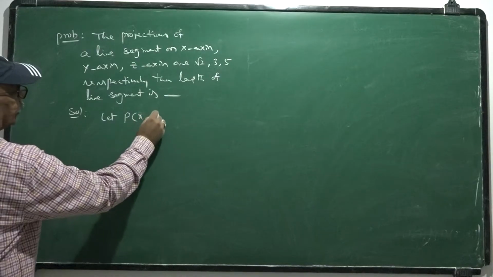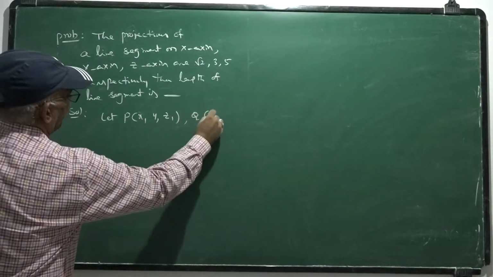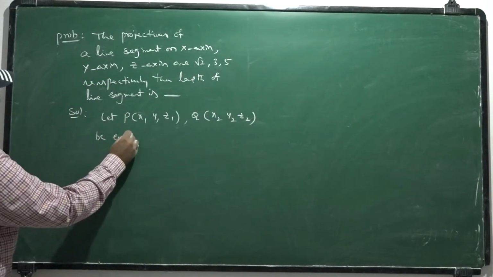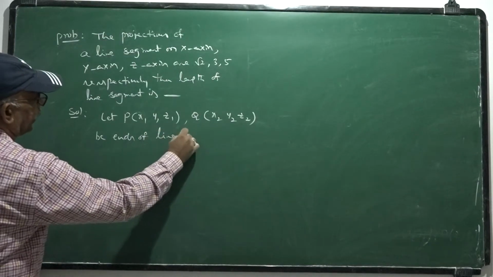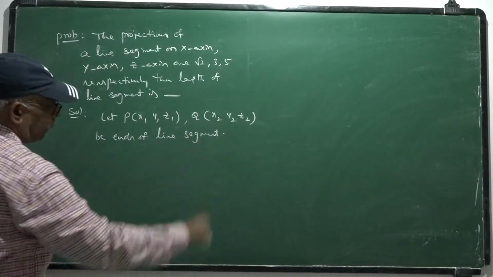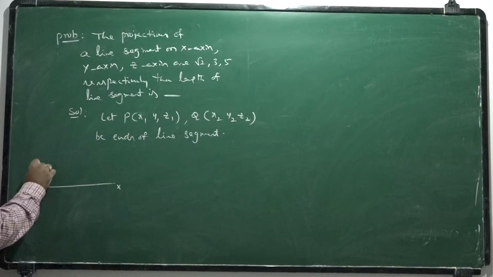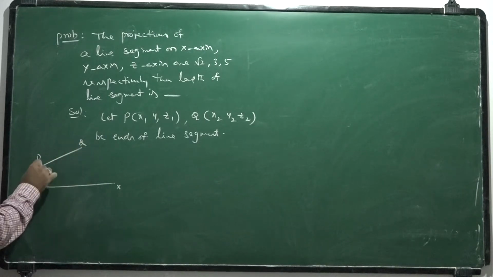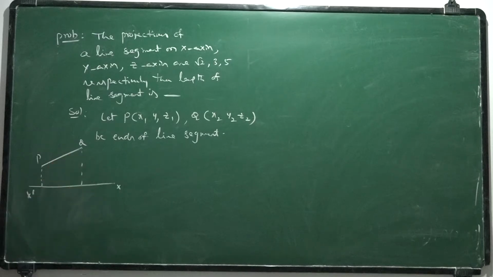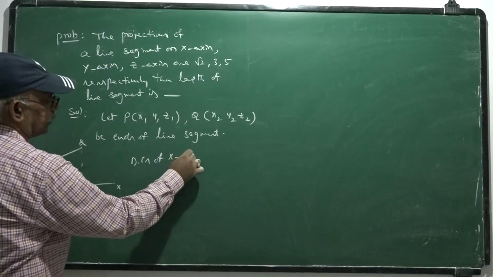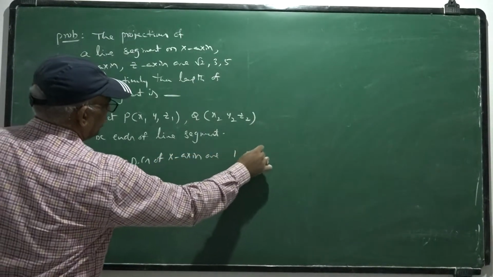Let P (x1, y1, z1) and Q (x2, y2, z2) be the ends of the line segment. Let us consider initially the projection of PQ on x-axis. DCs of x-axis are 1, 0, 0 itself.